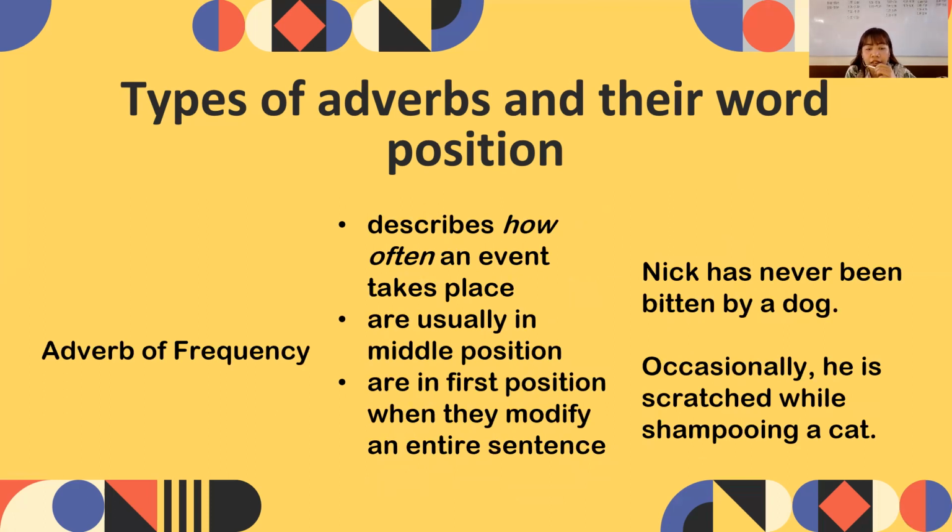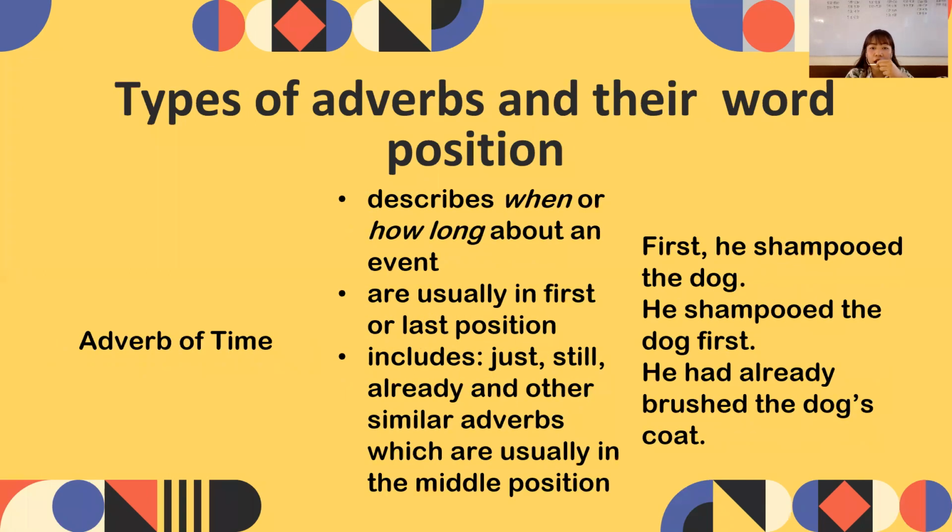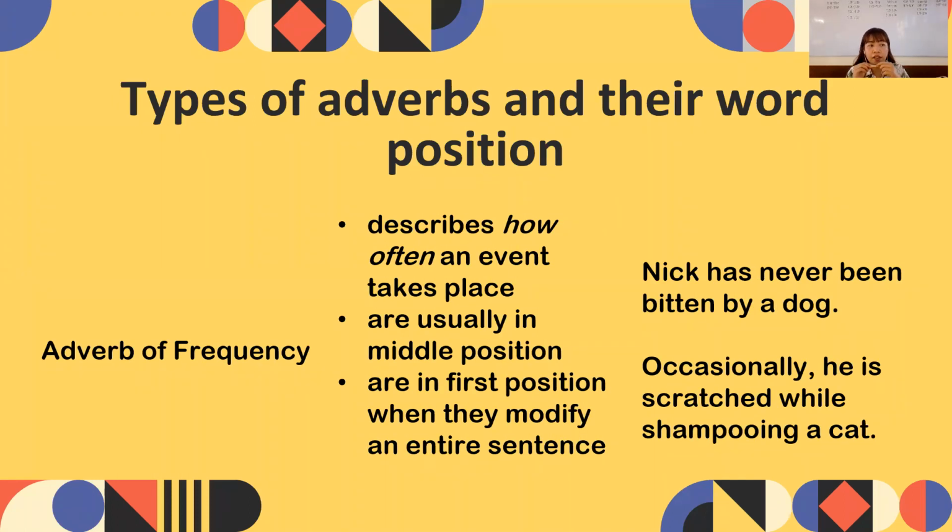So if adverb of manner describes how an action is done or executed, and your adverb of time tells us about when or how long an event lasts, adverb of frequency naman describes how often an event takes place. Gaano ba kadalas? Kumbaga. So of course, adverb of frequency, how often? Diyan na yung always, never, sometimes, rarely. Likert scale siya.